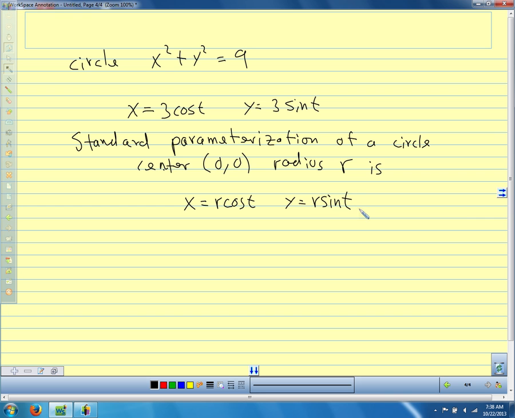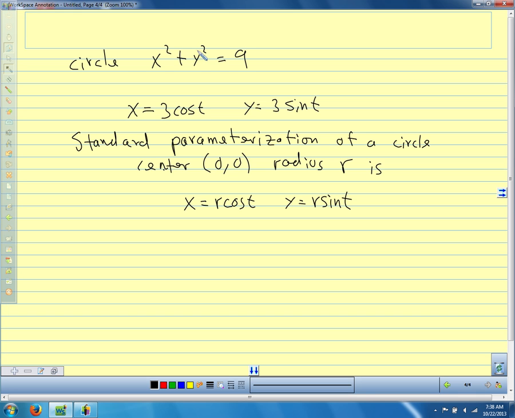So if your problem gives you a circle centered at the origin, you can immediately write a set of parametric equations for that circle. The next problem will shift that circle a little bit and come up with a parameterization of that type of circle. Very similar to our ellipse, but circle problems come up frequently because circles are nice and they behave nicely when we solve problems.